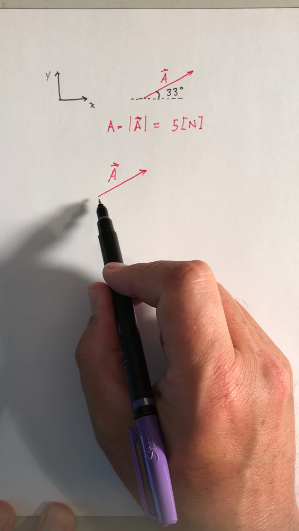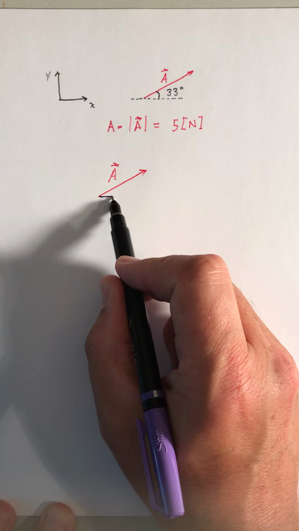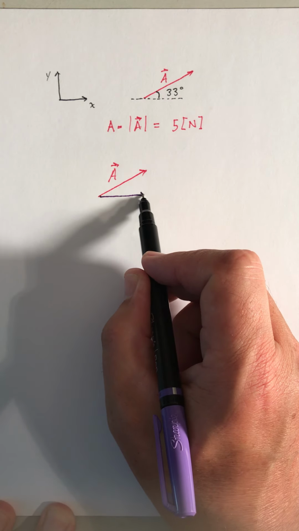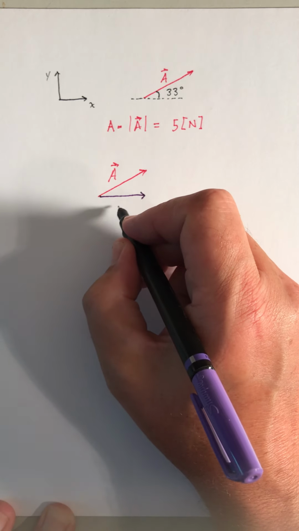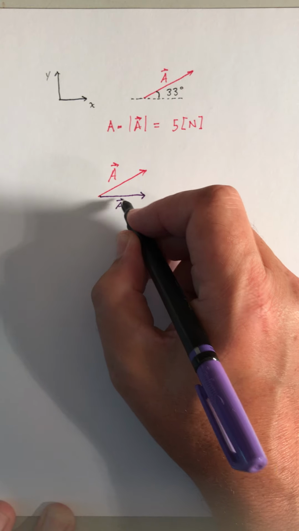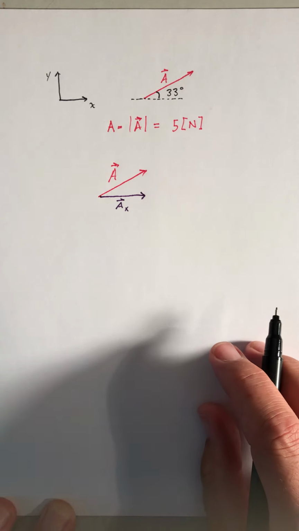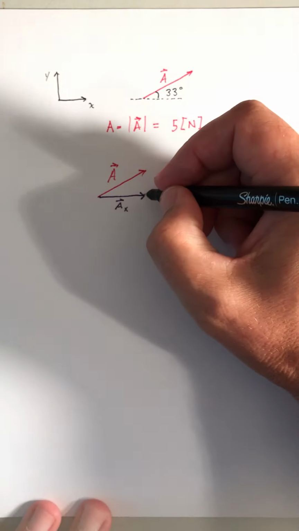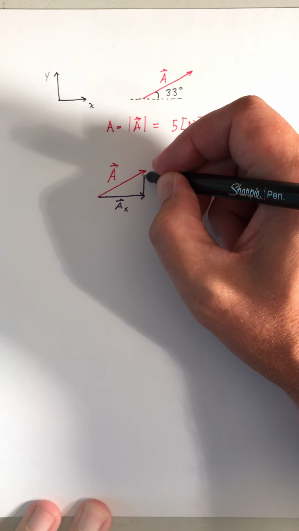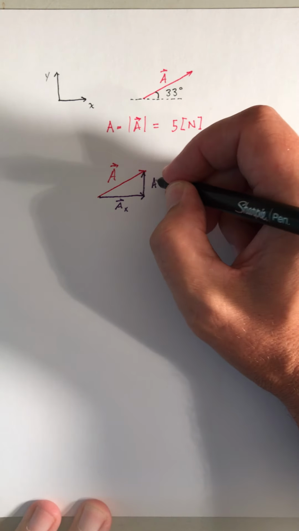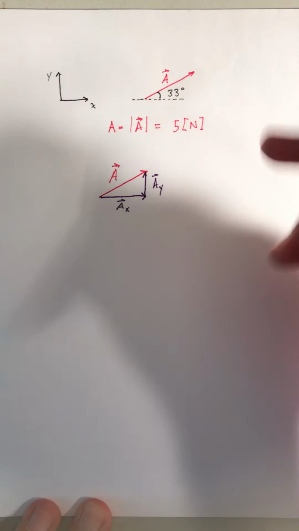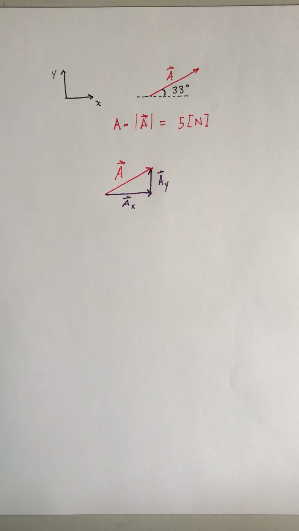And that vector is made out of two perpendicular components. There is a part of A that points along the x direction, and then perpendicular to that is a component, or a part of A, that points along the y direction.